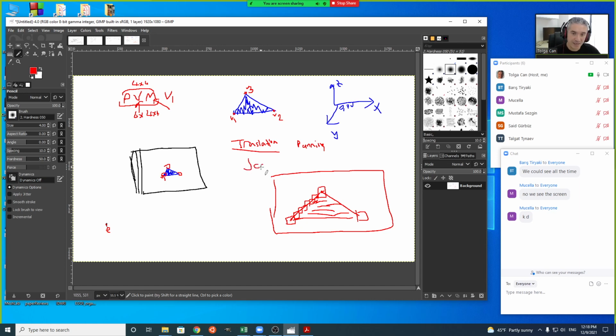The other is scaling. You may enlarge an object or make it smaller. And then rotation. Rotation in 3 dimensions takes 2 main parameters, the first being the rotation axis, which is given as a directed line.